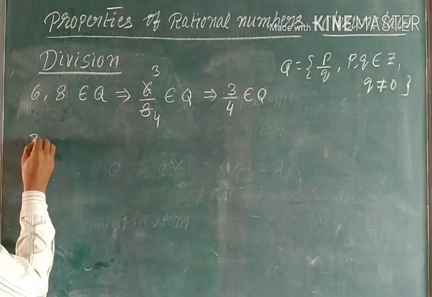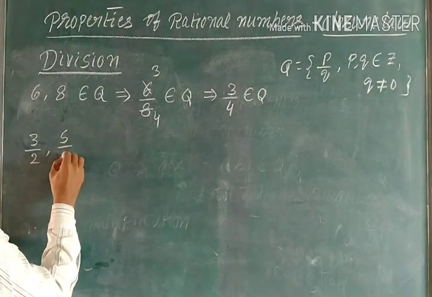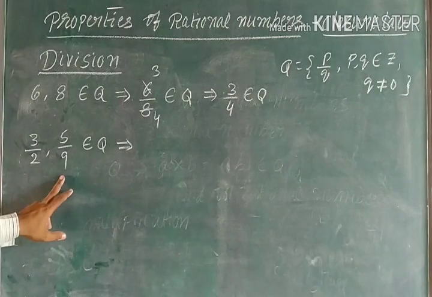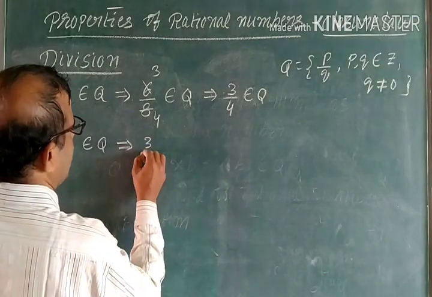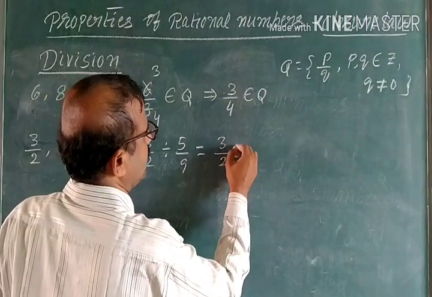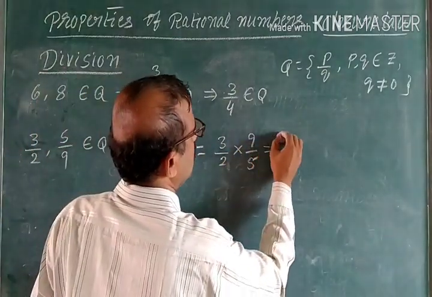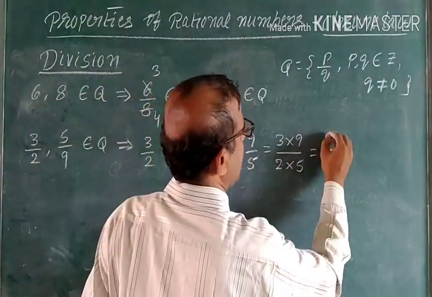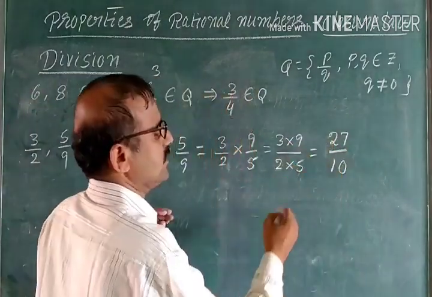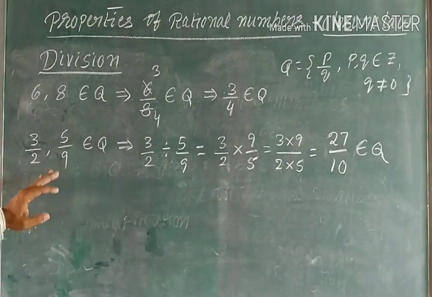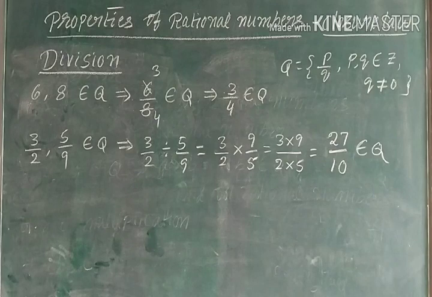Another example, suppose 3 by 2, 5 by 9 belong to Q. Then division means 3 by 2 divided by 5 by 9, that equals 3 by 2 into 9 by 5, that equals 3 into 9, multiplying the numerators, by 2 into 5, multiplying the denominators. 27 by 10 belongs to Q. This is also a rational number.